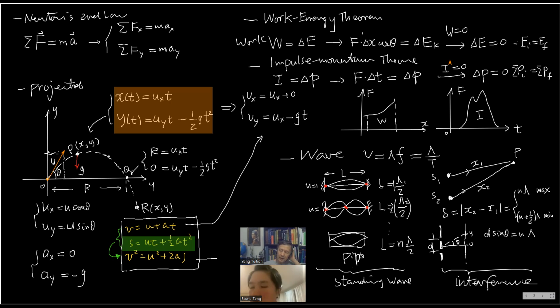However, let's go to the next page. You have to be careful. The condition for the single slit, or single hole, is different. Do you remember the single hole camera?